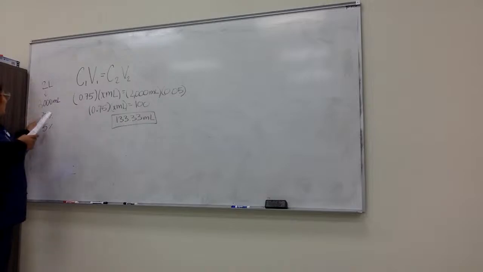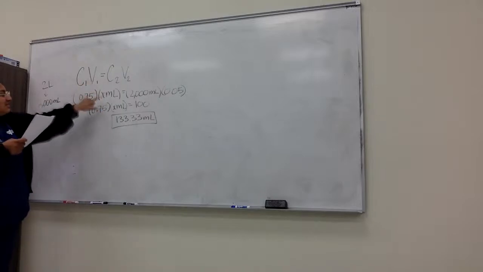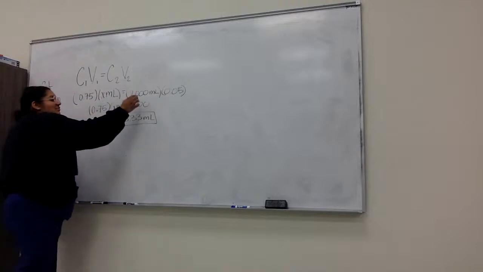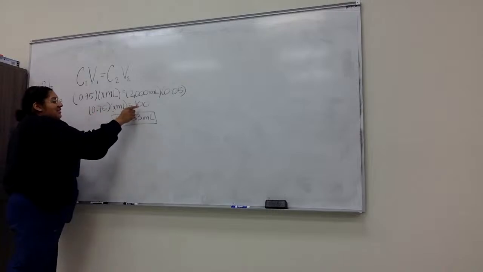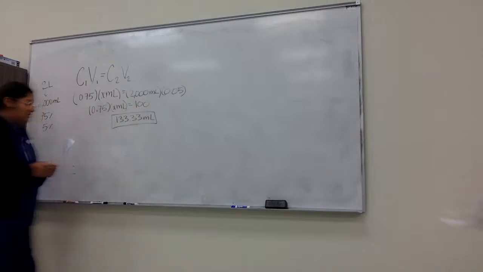And then I have 75% because we're trying to see how much we have, so I put 0.75 because it's the same thing. And then we're solving for V1, so X ml. Then I multiply that and divide by 0.05 on the other side, and I get 133.33. Good job. Correct answer.